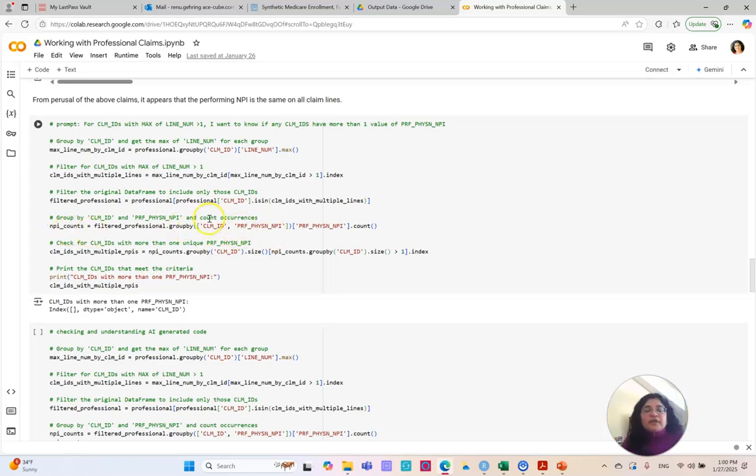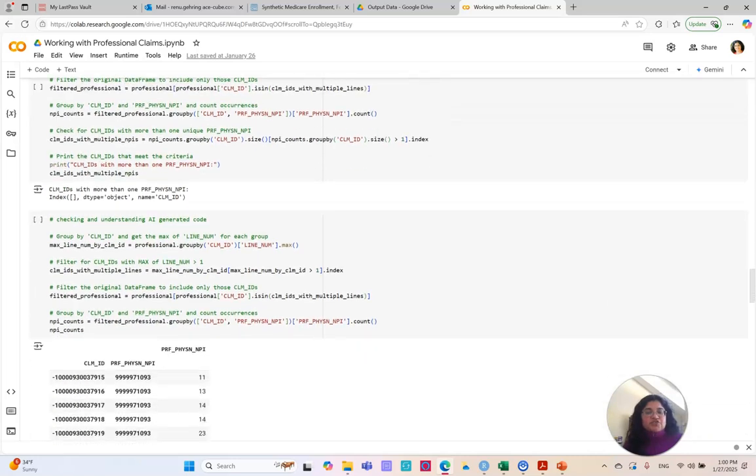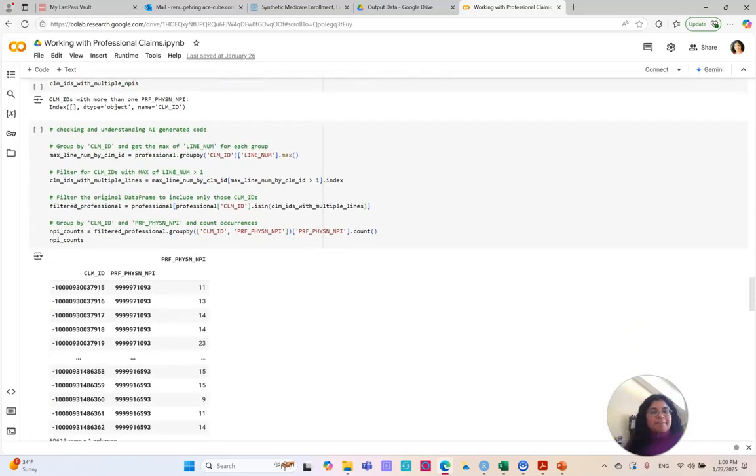I understand that. And now what I'm doing is counting, for every claim ID and performing physician NPI, how many performing physician NPI rows there are. And this is where I got a bit lost about why AI was doing this. So I went over here and I printed this out.